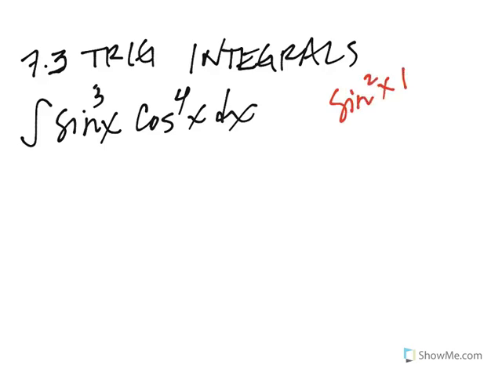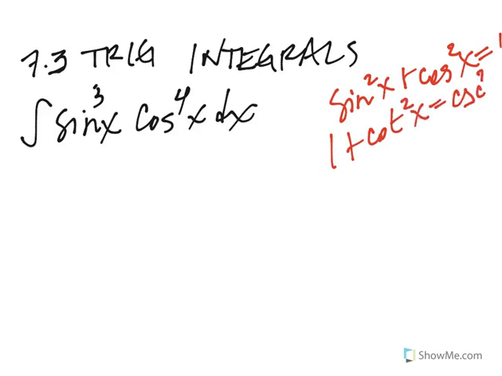The sine squared of x plus the cosine squared of x is equal to 1. 1 plus the cotangent squared of x is equal to the cosecant squared of x. And then secant squared of x is equal to the tangent squared x plus 1. You'll need to know those because they are useful substitutions.